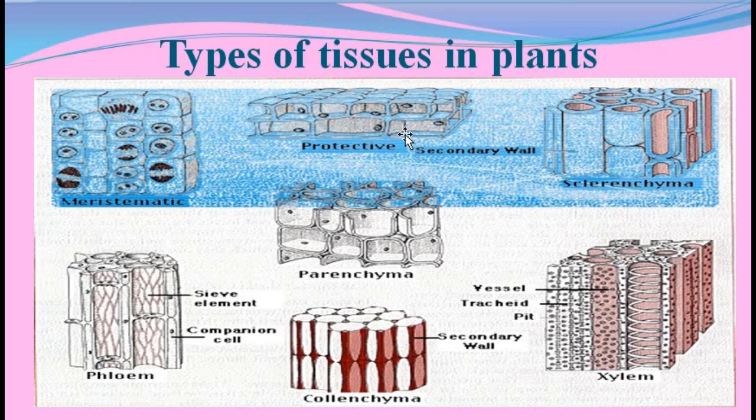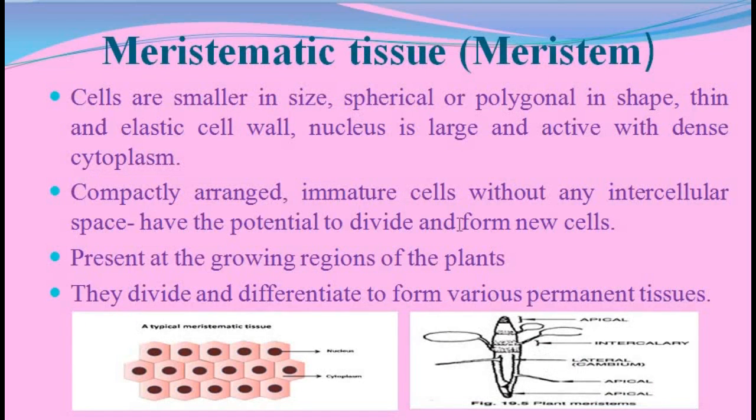Epidermis is the example for protective tissue, which will give protection for the internal structure of plants. Then comes the permanent tissues. This parenchyma, collenchyma, and sclerenchyma are called simple permanent tissue, and the xylem and phloem are called complex permanent tissues. Let me start with the first type of tissue, that is meristematic tissues.